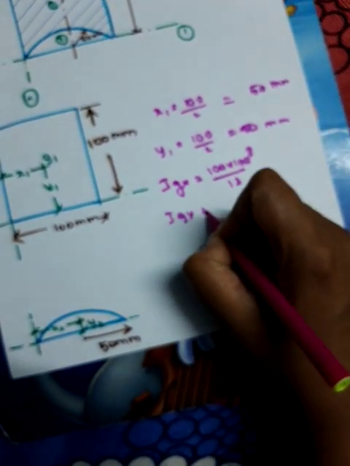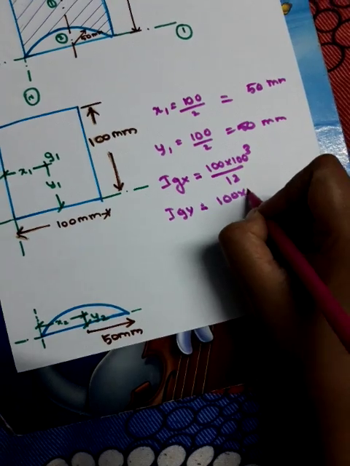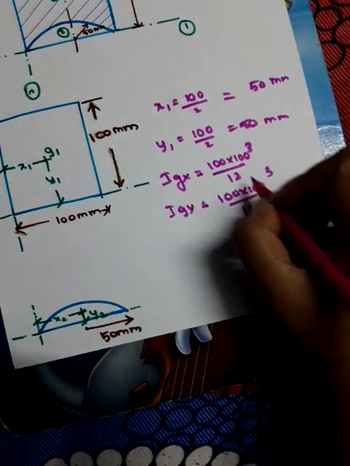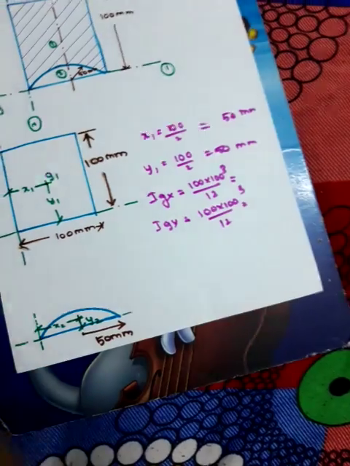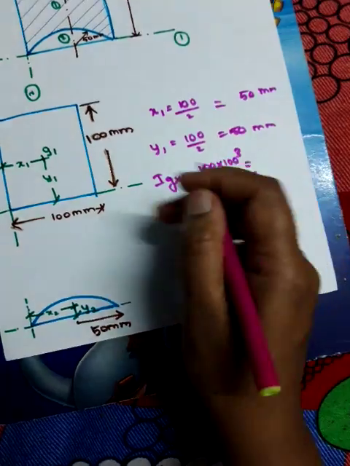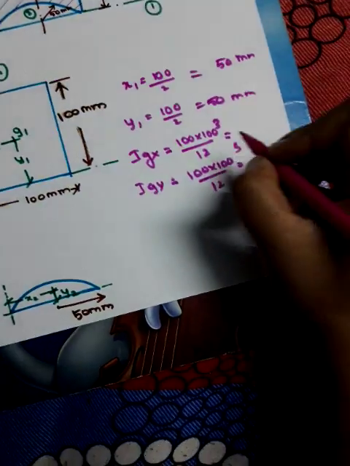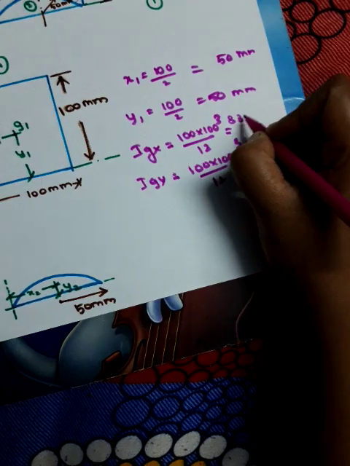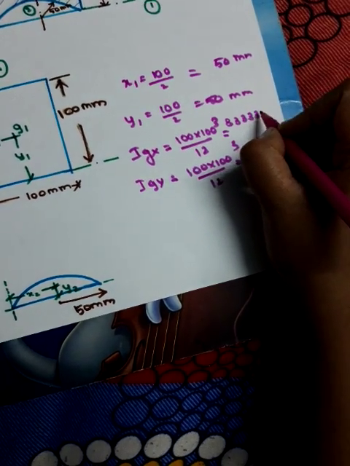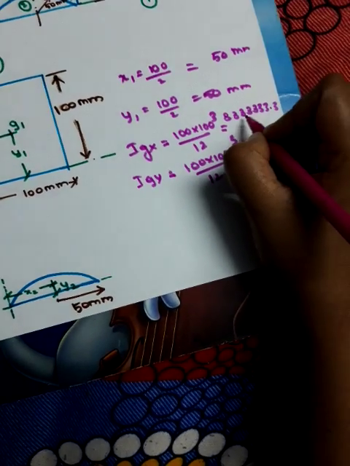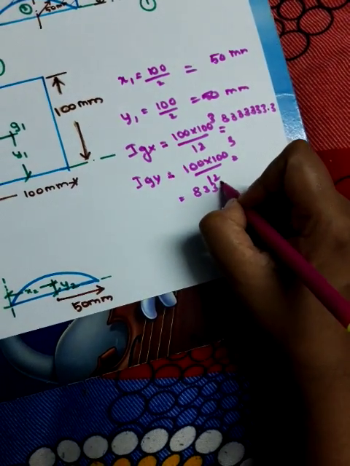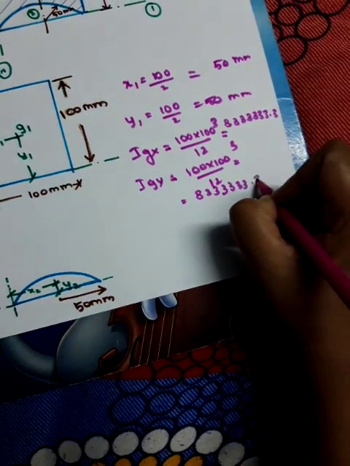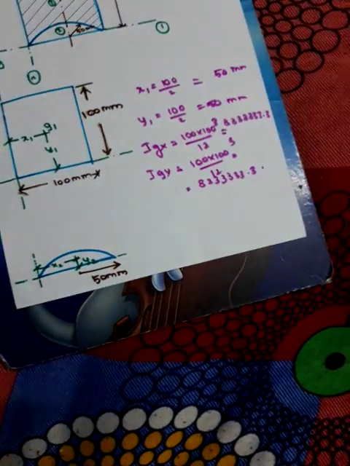Since B and D are the same, we get the same value. I'll write this value in the tabular column. Just calculate, and we get 833333.3 mm to the power of 4.